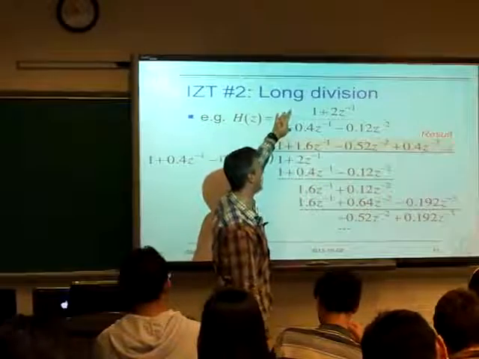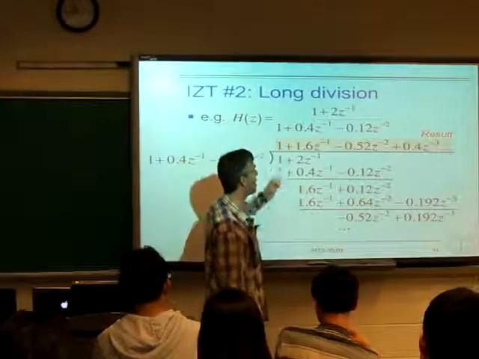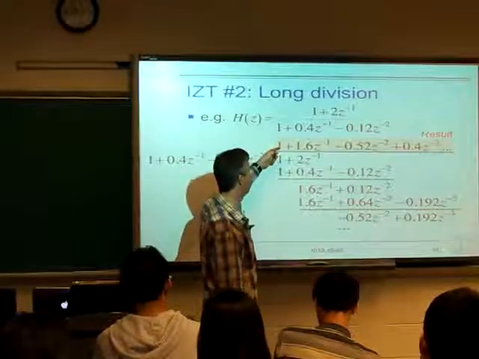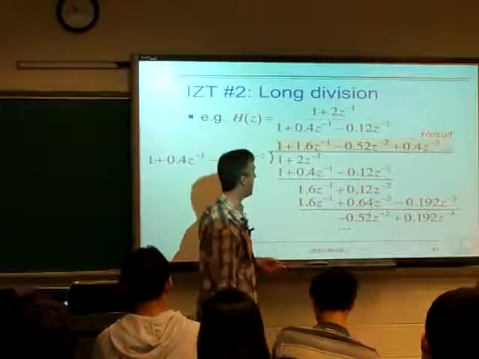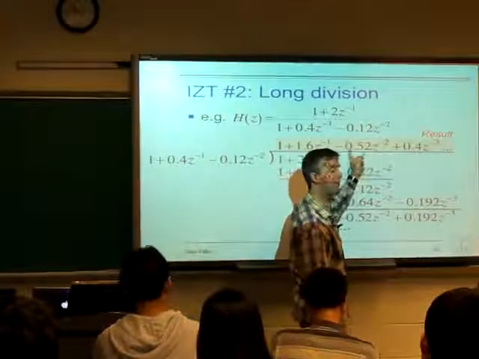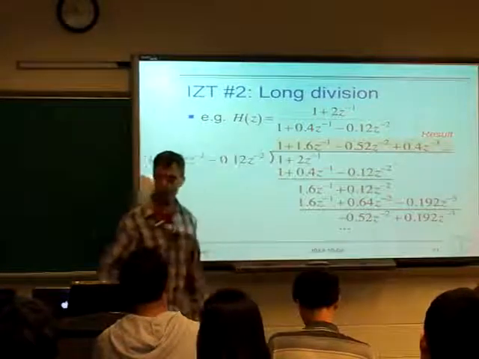So this one's clearly much more useful to work with in terms of writing it down. But this one has the advantage that now if you say, well, I want this happens to correspond to the sum of h of n, z to the minus n, I can just look for a particular value of z to the minus n. I can read off the h n that comes with it. And that's what we're trying to do when we're trying to do the inverse Z transform.